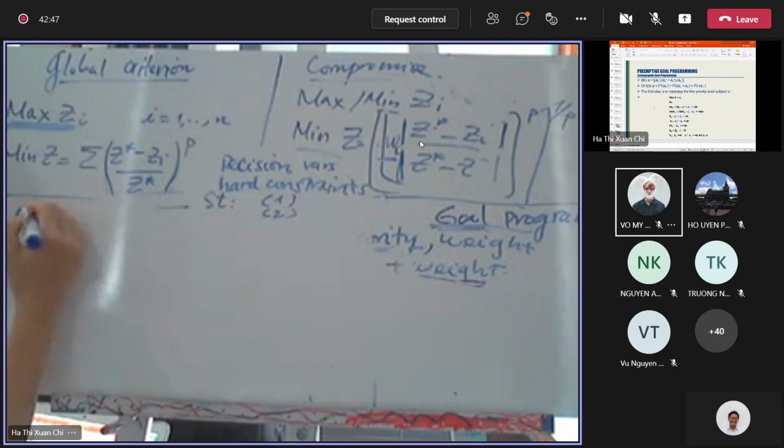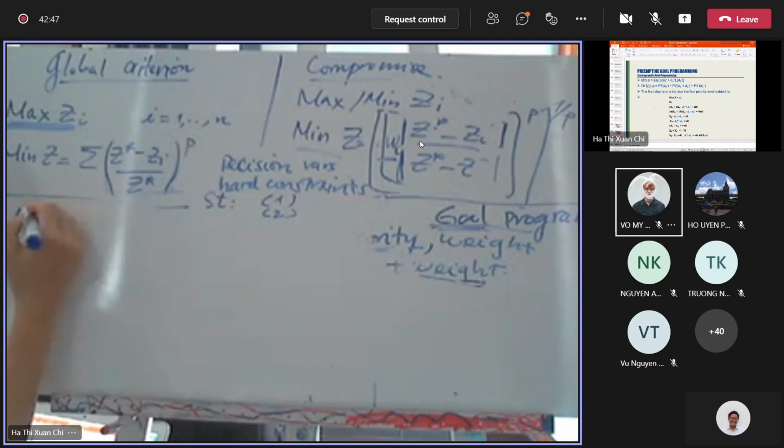So that is the hard constraint. Or I can write it as A X in matrix form greater than or equal to B. That is a hard constraint. And what is the soft constraint?